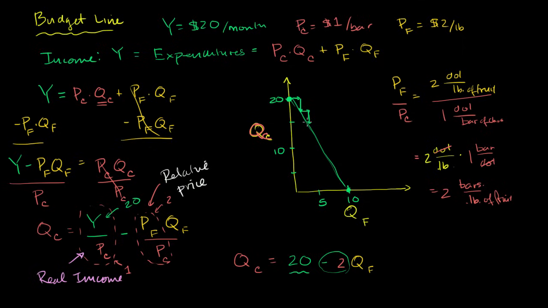Now, one statement I did just make, I said every point on this line is a possibility. And I can only say that if we assume that both of these goods are divisible goods, which means we can buy arbitrarily small amounts of them, that we could buy 1/10 of a bar of chocolate, or we could buy 1/100th of a pound of fruit.